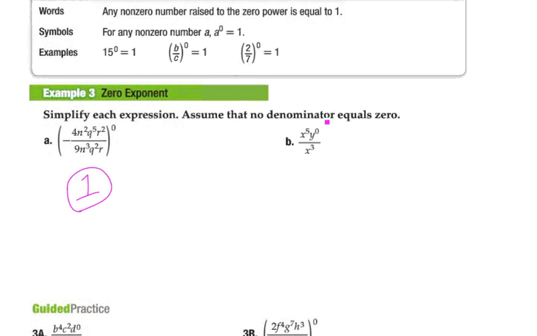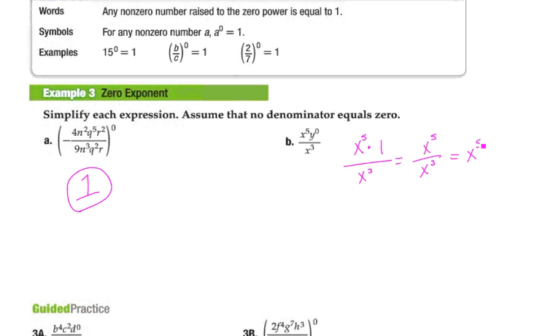It's a little bit different with b, because look at where that power of 0 is. It only affects y. So when I rewrite this, this is x to the 5th. I am multiplying it by y to the 0, which I know is 1, divided by x to the 3rd. So I know that that is x to the 5th over x to the 3rd. Well, look at this. This is a quotient.